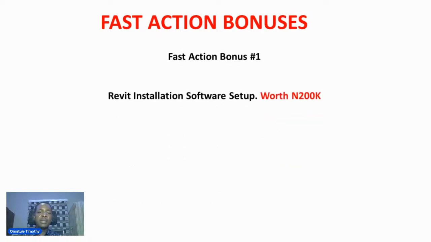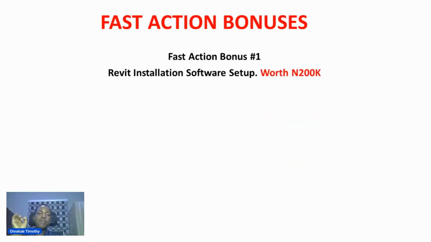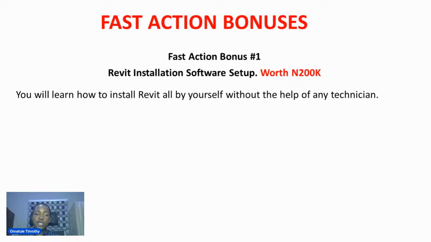All right. Now, if you are going to gain access to this course today, I am going to reward you with what I call fast action bonuses. The number one of them is Revit software. I am going to be giving you my own copy of Revit software for you to install without a dime.